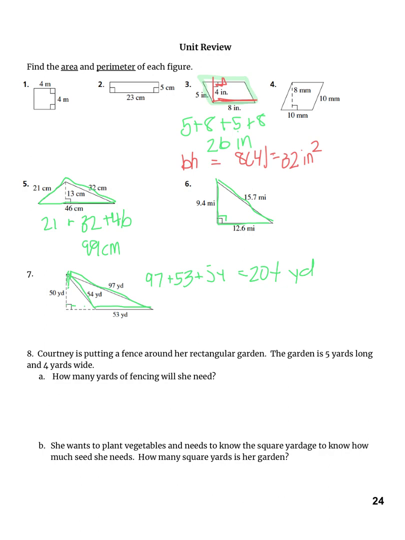To find the area of a triangle, remember area is a half times base times the height. So that's true for all 3 of these triangles. I'm going to multiply a half times the base times the height. Very specifically in number 7 here, the base is 53. So I'm going to do half times 53 times the height.